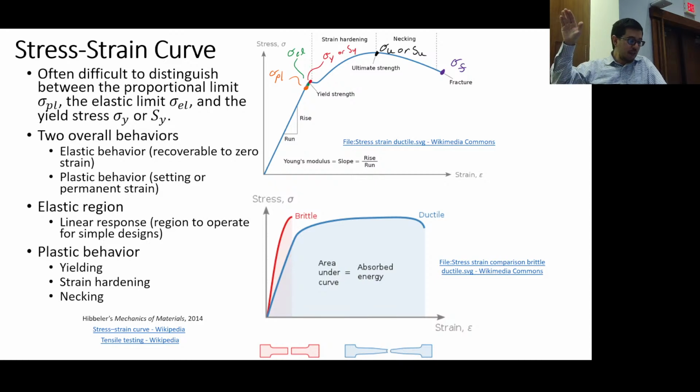Okay, and then you get to the yield strength, the yield limit, where you really are going to start to engage plasticity, and then you hit an ultimate strength, and you hit a fracture limit at the end.